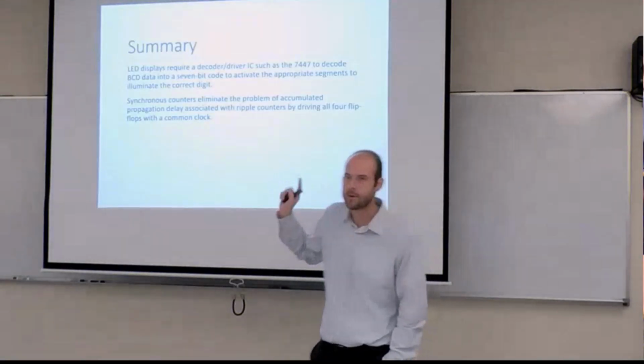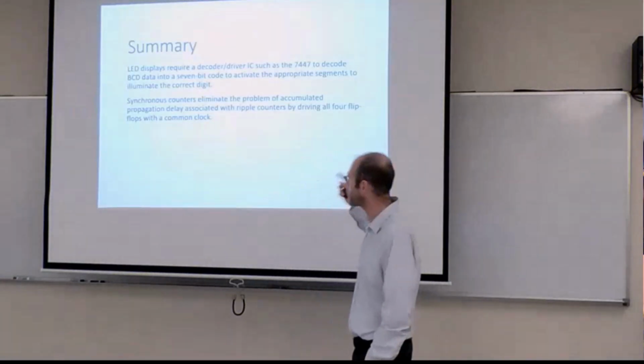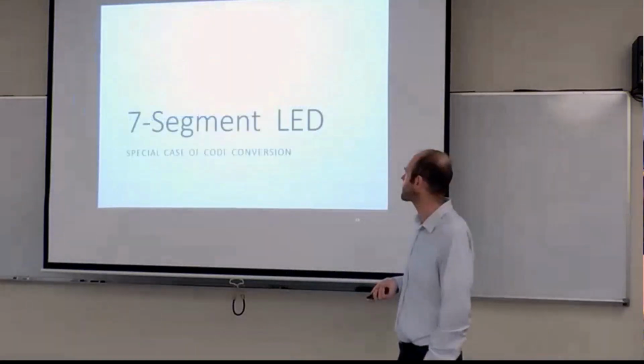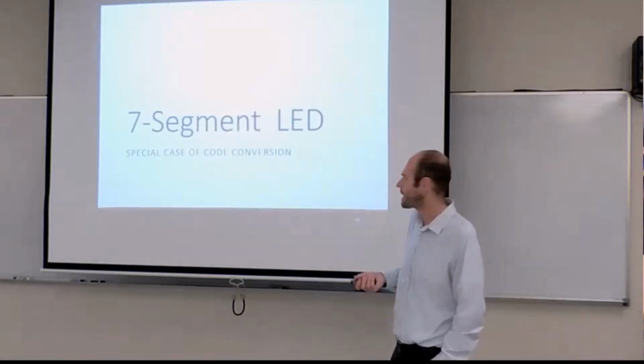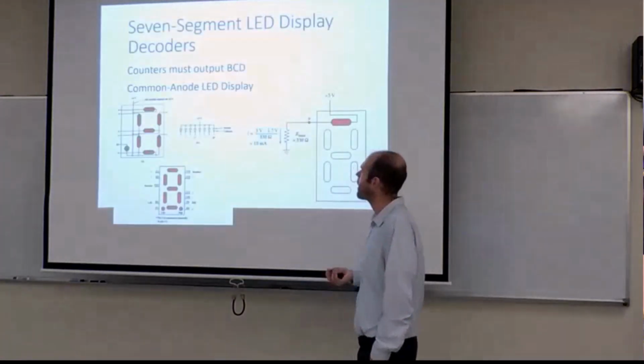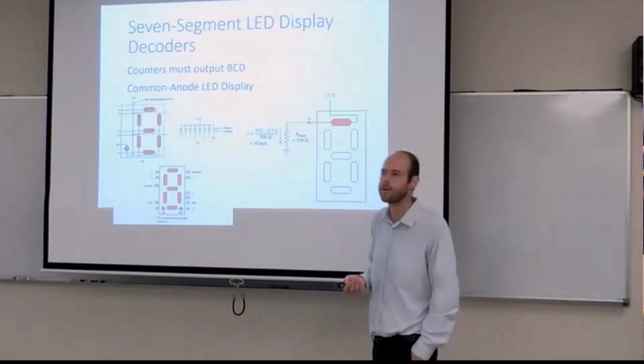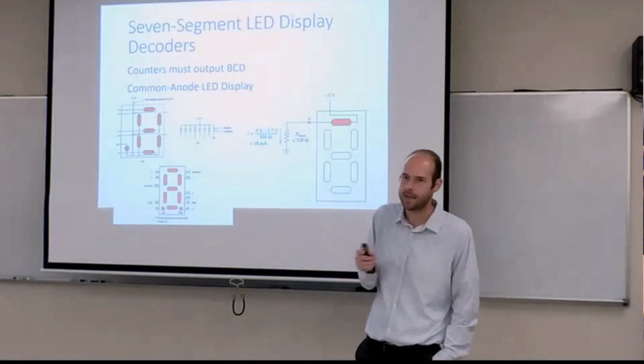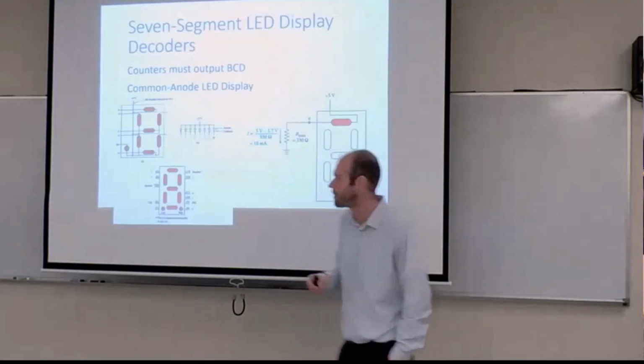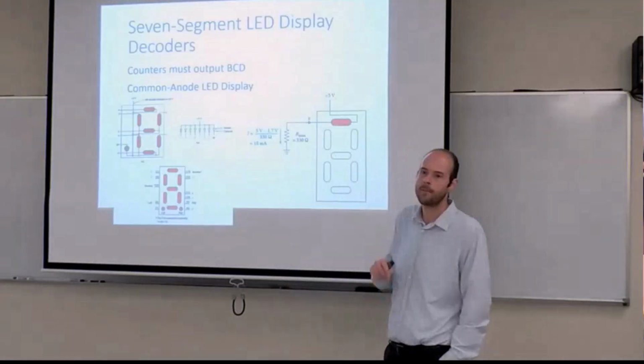Our last few slides that we're going to discuss today are on a couple applications related to 7-segment displays, or 7-segment LED. You may or may not have ever encountered these. They're slightly less common than they maybe were 10, 20 years ago, but they're still everywhere.